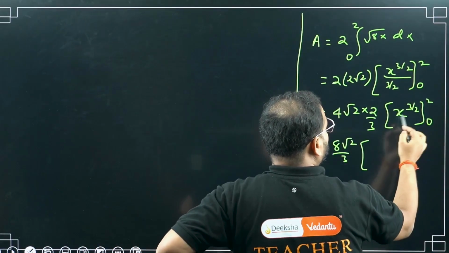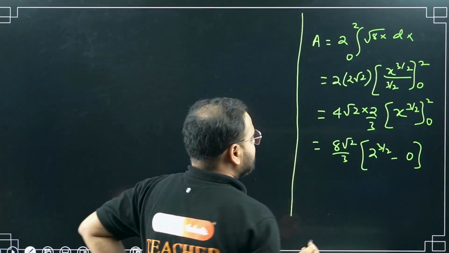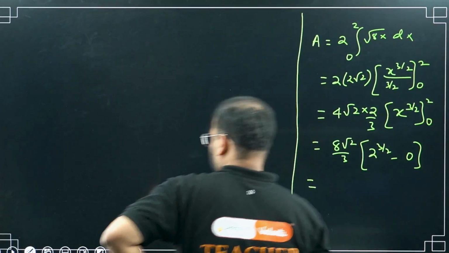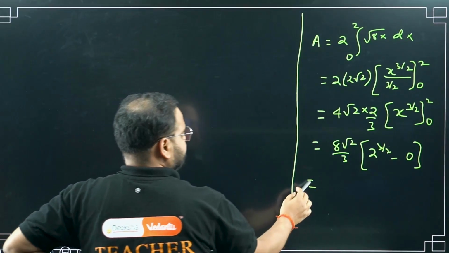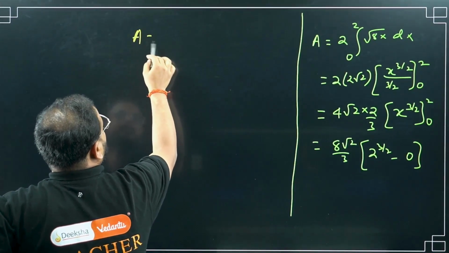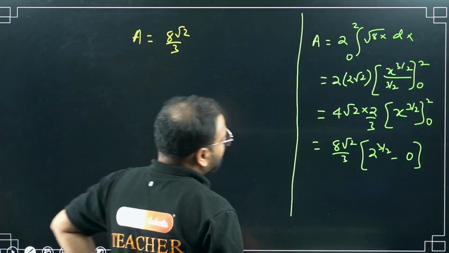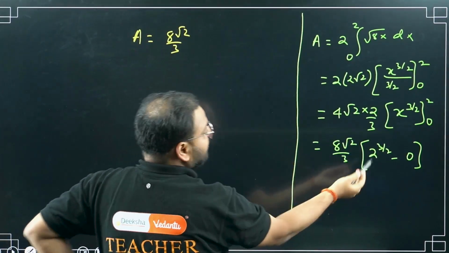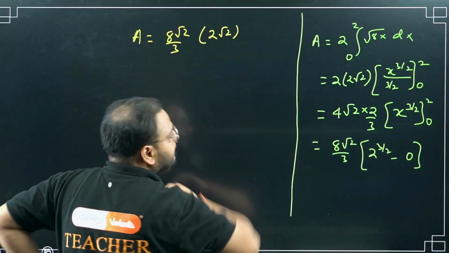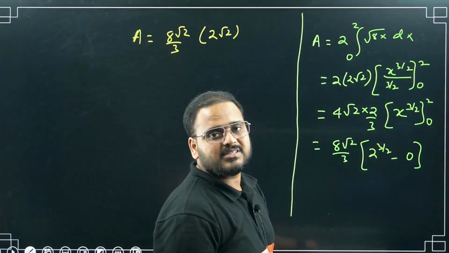And what is this? Please check. You put 2: 2 power 3 by 2 minus 0. 0 power anything is 0 only, that's why. So I'm getting my area as 8 root 2 by 3 times 2 power 3 by 2. 2 power 3 by 2 means simply 2 root 2, correct? 2 to the power 1 by 2 means root 2, then power 3 means root 2 into root 2 into root 2.